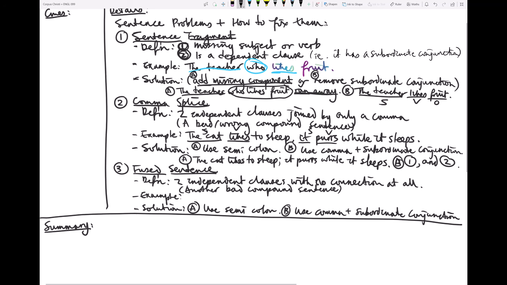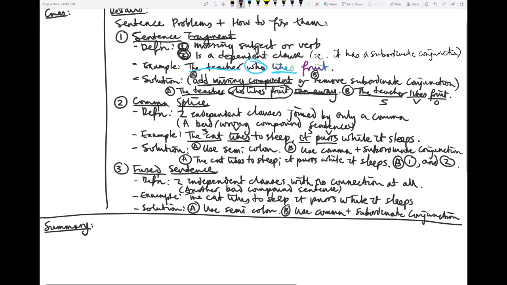And if I were to save time, I could use the same example. The cat likes to sleep. And then I just make no connection whatsoever and just keep writing. It purrs while it sleeps.